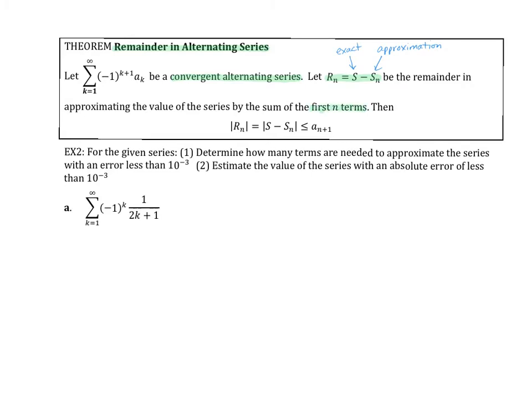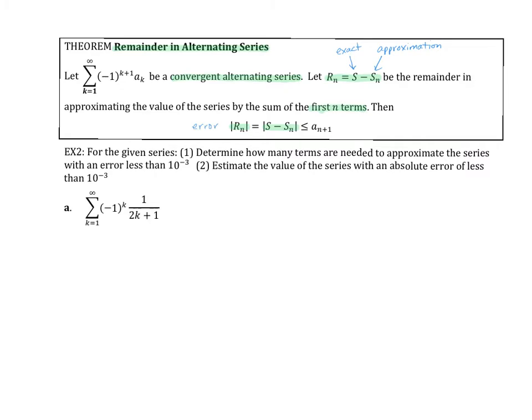So if you look at the difference between the exact minus the approximation, you get a remainder, which is just the difference between them. If you look at the absolute value of the remainder, it's the absolute value of the exact minus the approximation. So remember what that is. That's simply the error formula.